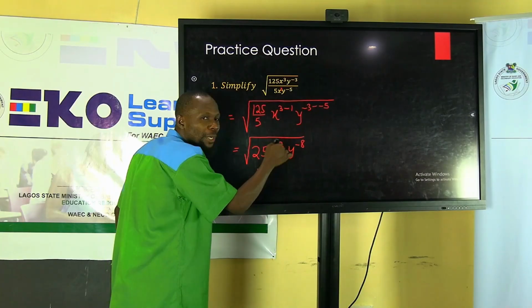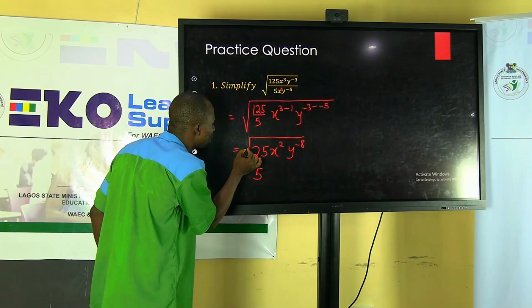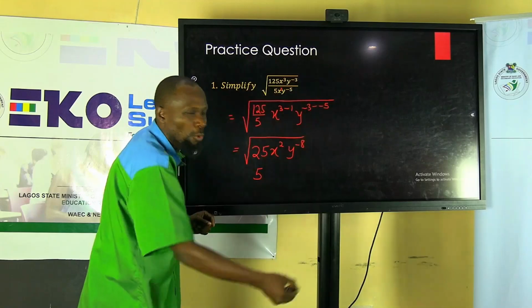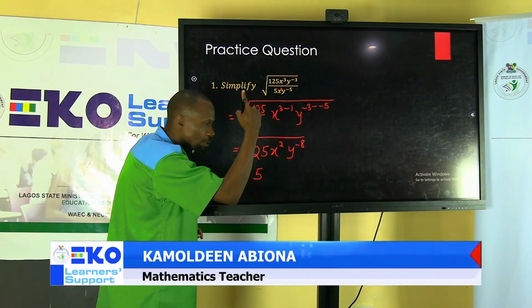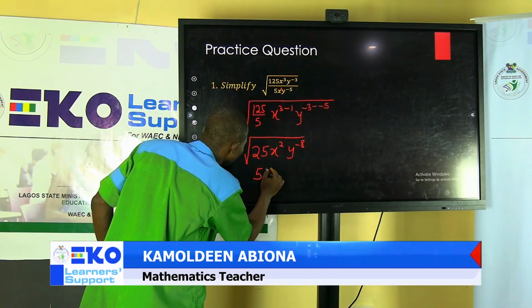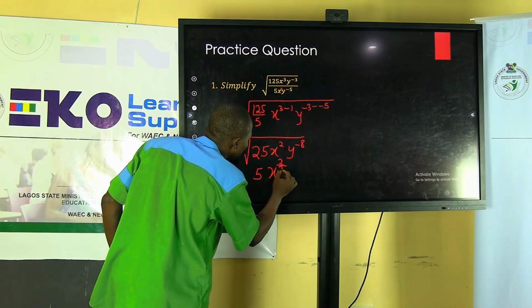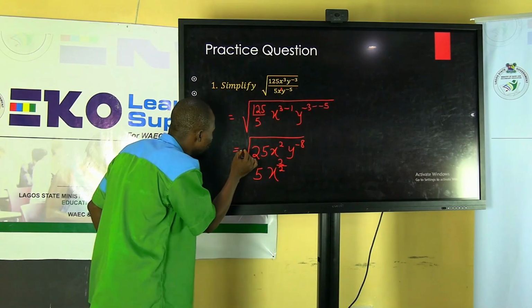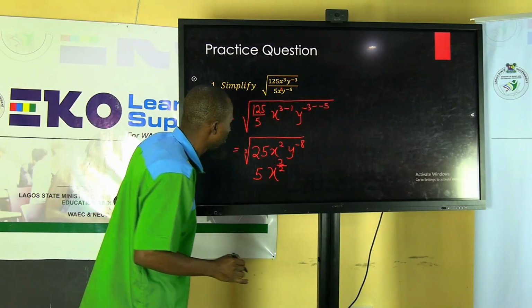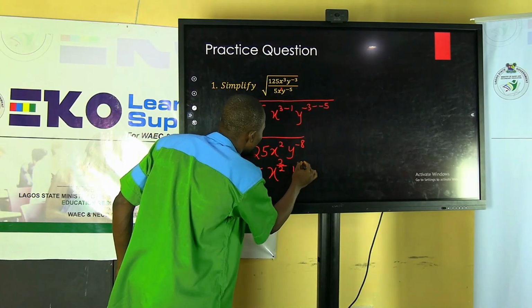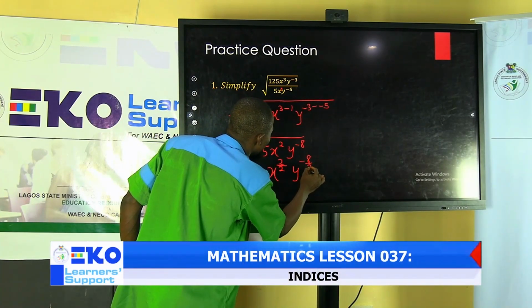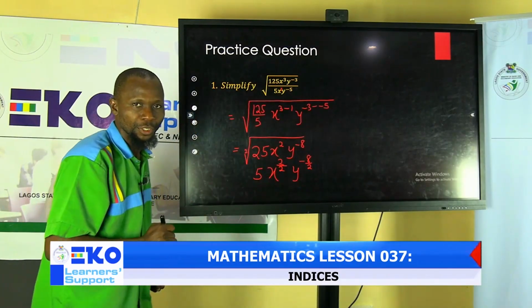And when you want to apply it, it says this is the same thing as dividing by the denominator of the fractional power. So you have x raised to power 2 divided by 2, because there is an invisible 2 here. And y raised to power minus 8 divided by 2, just because of this square root.